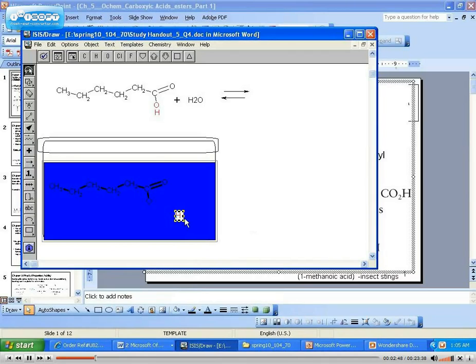In actuality, the hydrogen will combine with the water. If we take a look at the top picture, the hydrogen and the water come together and form what's called a hydronium ion.